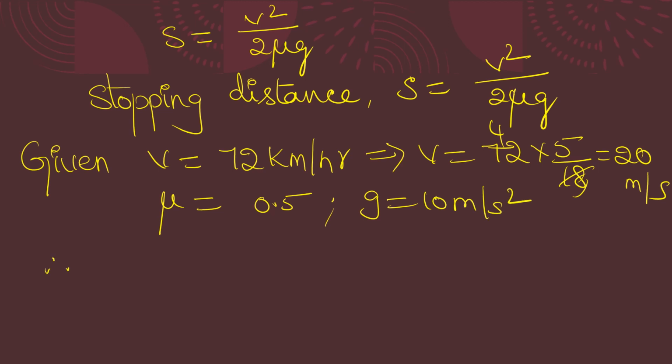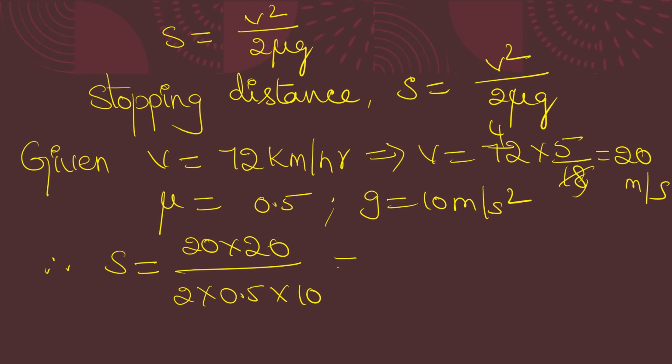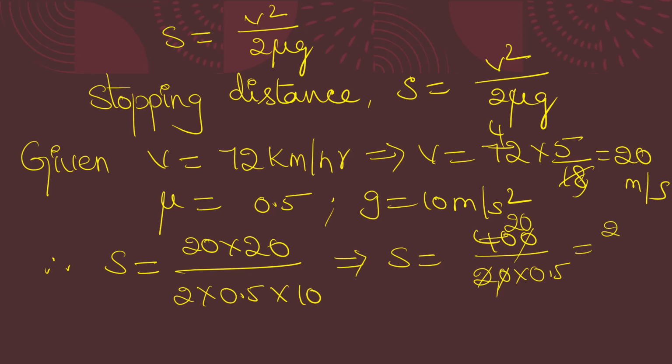So now substituting, s is equal to v square, that is 20 into 20, by 2 into mu 0.5 into 10. So s is equal to 20 into 20, 400, by 2 tens, 20 into 0.5. Zero gets cancelled, 2 ones, 2 twos, so 20 by 0.5. This can be written in decimal representation as 200 by 5.